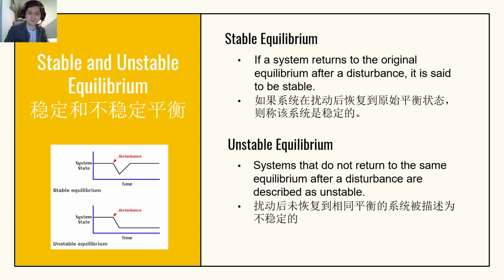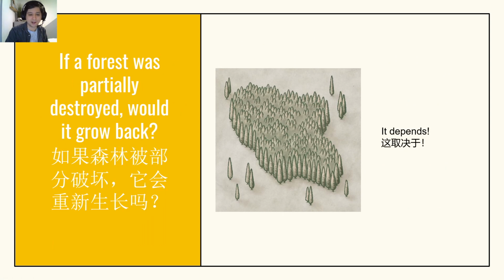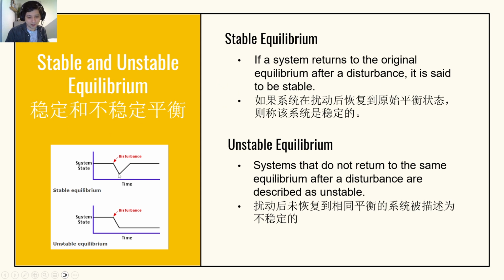If the forest is in a stable equilibrium, and equilibrium means an equal balance, then over time, if there is a disturbance like a fire or a disease, it will lose numbers, but it'll eventually come back. Maybe it's a healthy forest and it has resilience, and it will return to its original state, its original equilibrium. So we consider that a stable equilibrium.